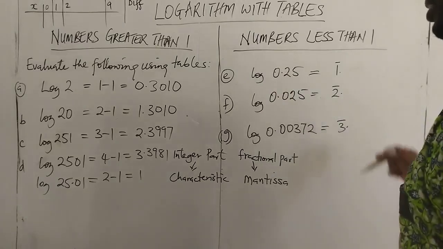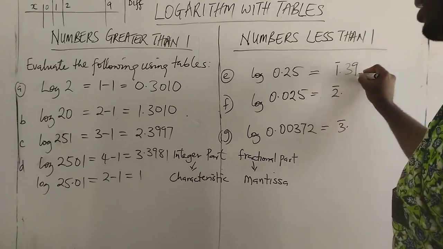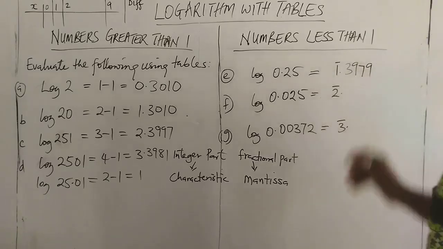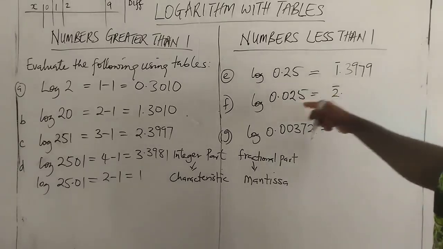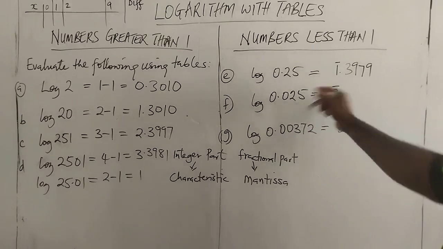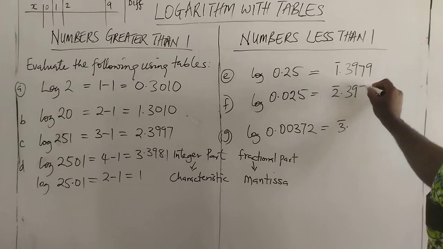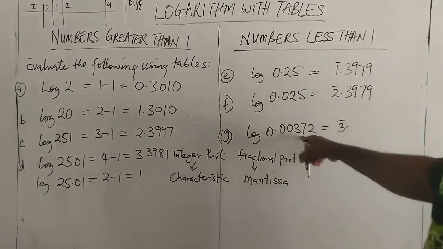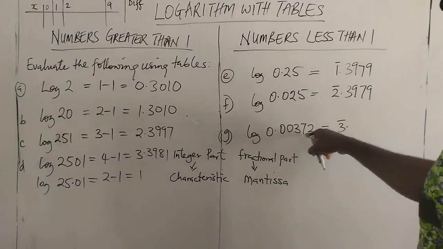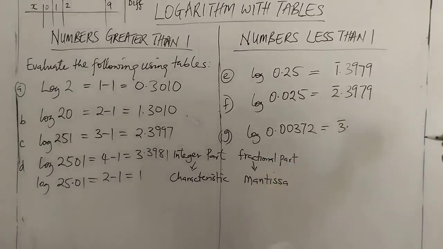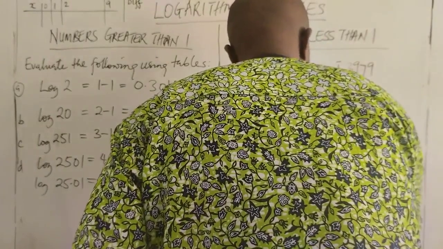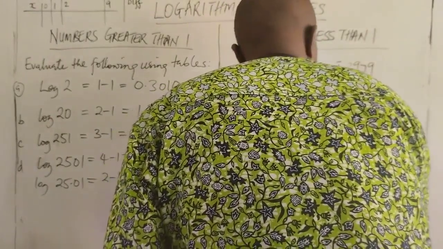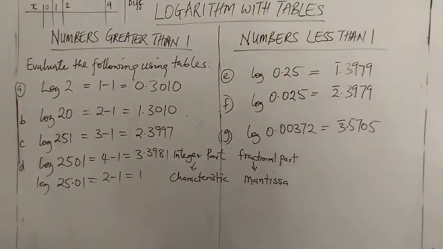And if you do that, it will give you 3979. That's what it will give you from the table. And then the next one, of course, it will still give you the same thing because what you look out for is only 25 under 0. 3979. The last one, what you look out for is 37 under 2. And 37 under 2 will give you 5705. That's what it will give you.